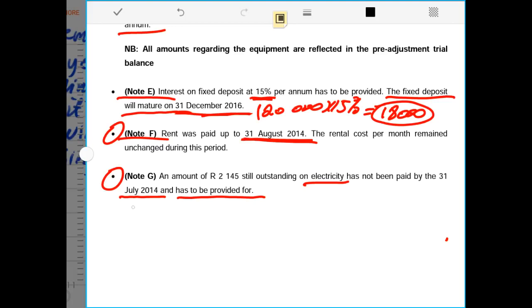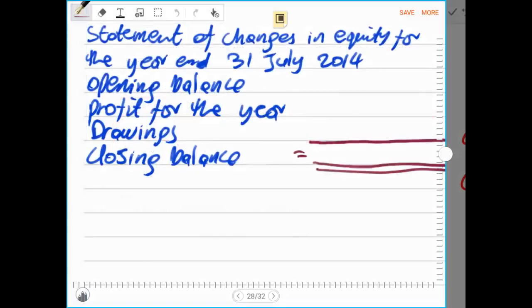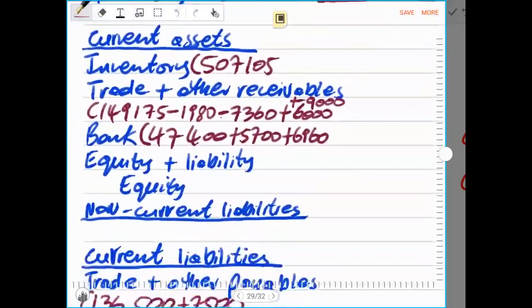So now it means we have to debit electricity by 2,145, and we credit accrued expense. Accrued expense being a liability, just L, therefore a liability. So now we have to increase our liabilities and increase our expenses by 2,145.